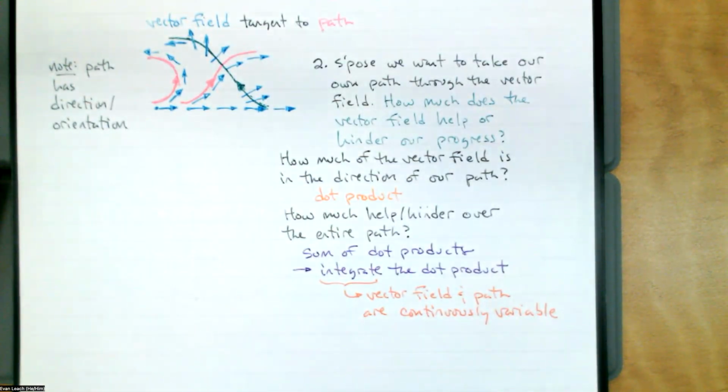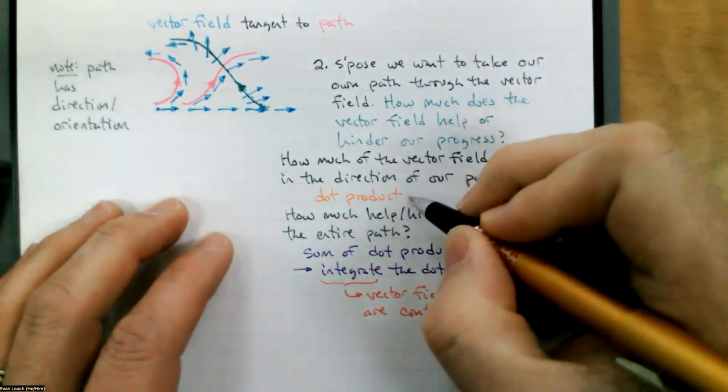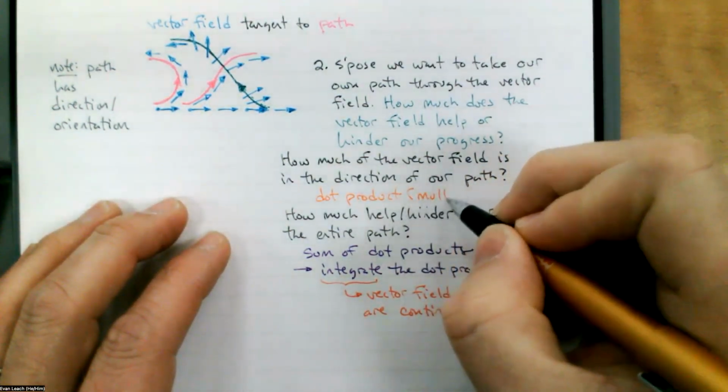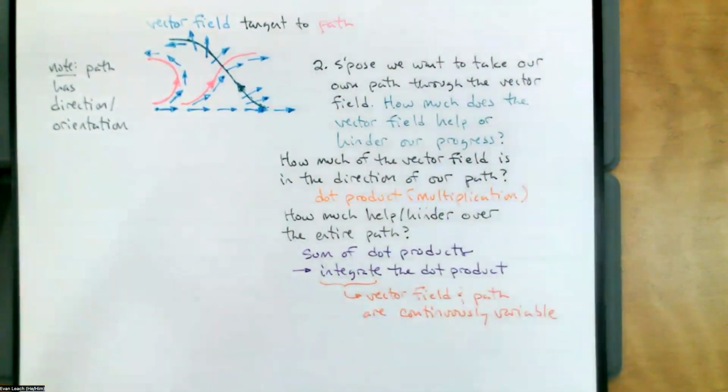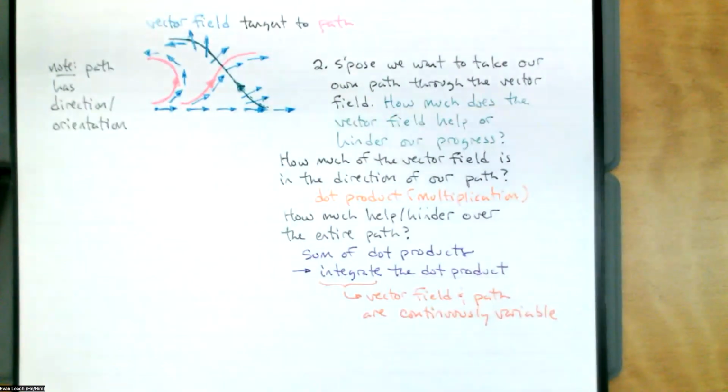Integration is addition when we don't have anywhere to put the pluses, because we're trying to add over a continuum. Integration is multiplication when one of the factors is continuously variable. This dot product, how much the vector field is helping or hindering our path, is a multiplication. It's a dot product.